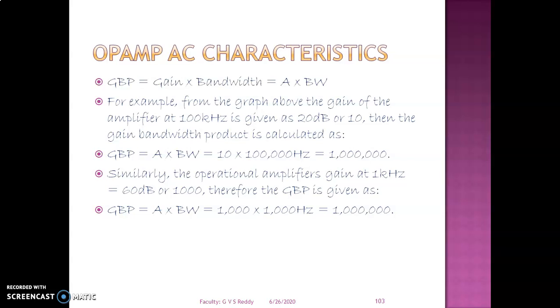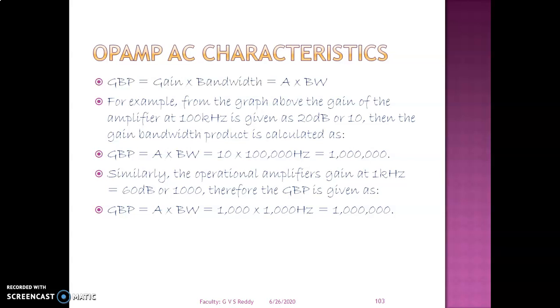Therefore, the gain bandwidth product equals gain multiplied by bandwidth, that is A into bandwidth. For example, from the graph, the gain of the amplifier at 100 kilohertz is 20 decibels, or 10.